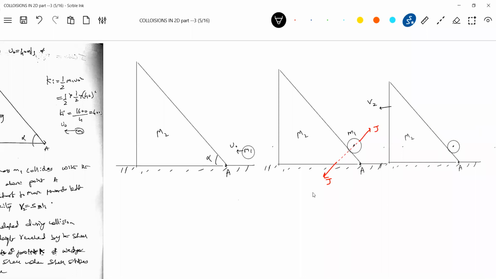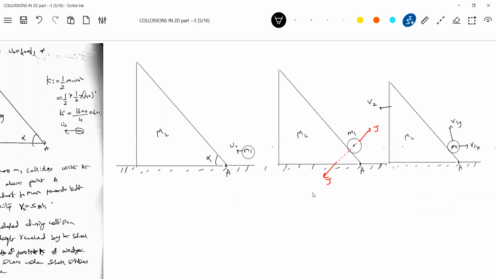What is the possible direction? The ball will have velocity v1x, v1y. Let's check what can happen. Definitely the wedge should move towards the left because of J sin theta. This is a very generalized case, so you can work out many numericals related to this information.